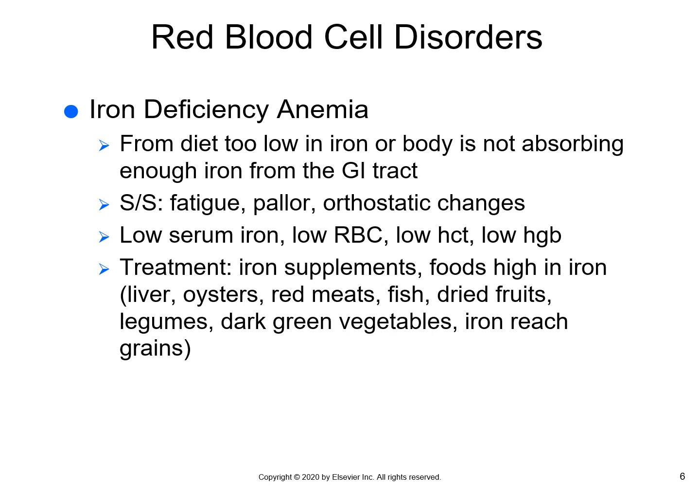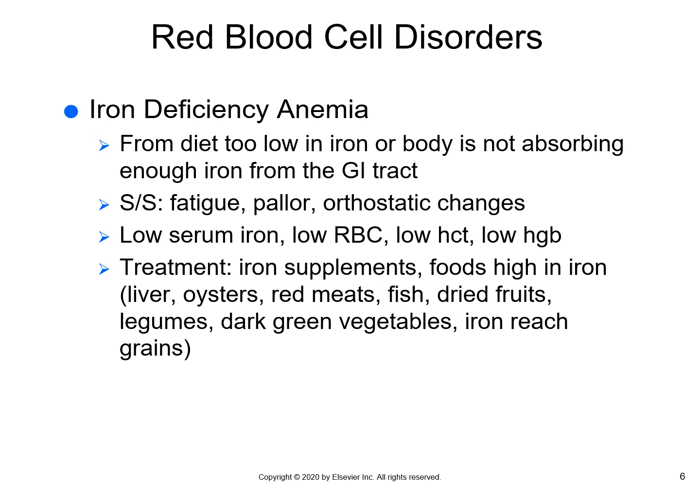So you're going to have signs and symptoms like fatigue, pallor, orthostatic changes, like when the BP changes as the patient goes from laying down to sitting up and then sitting up to standing up. How do we treat this condition? Well, we give them iron supplements.